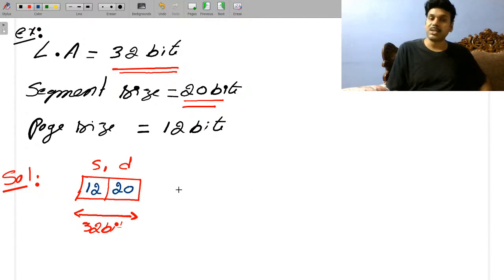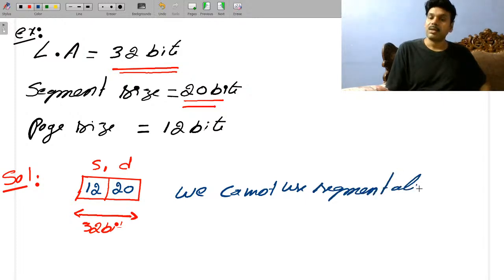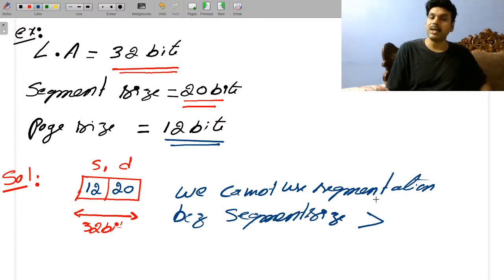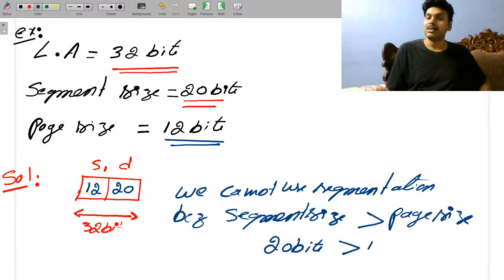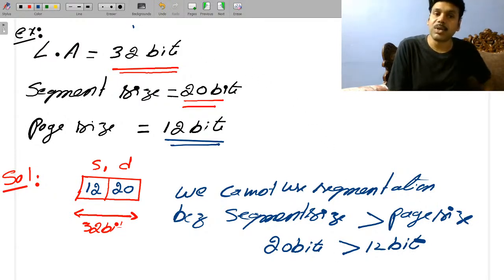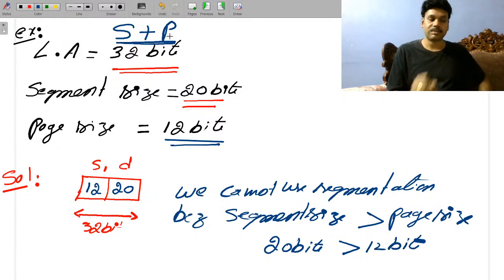No, please understand, we cannot use segmentation, because your segment size is greater than your page size. Therefore I cannot fit these 20 bits onto a 12-bit slot. Therefore 100% there is a requirement of segmentation plus paging together.